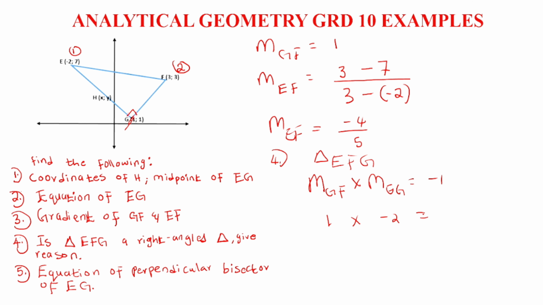So when you multiply these two things together, they don't give you -1. Therefore, this triangle EFG is not a right angle triangle. And our reason is that the gradients are not perpendicular. It's not a right angle triangle. Okay, great stuff. So now let's come to number 5.